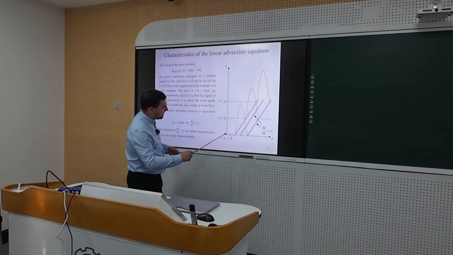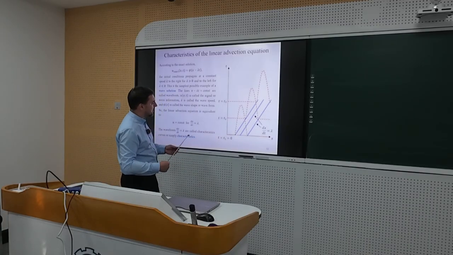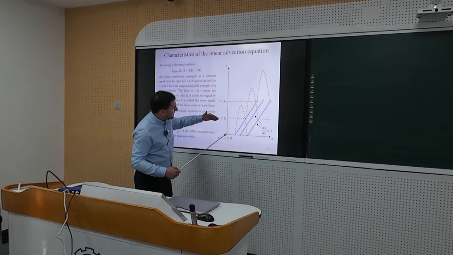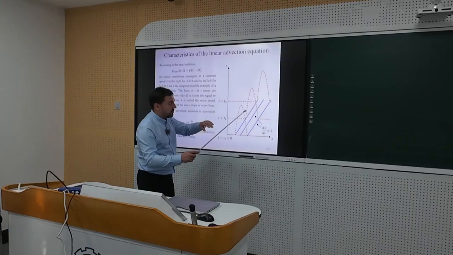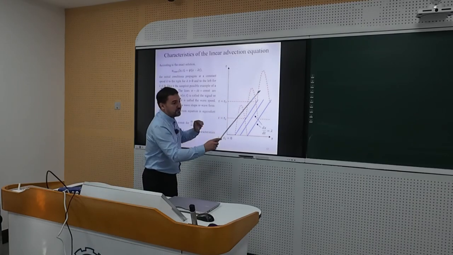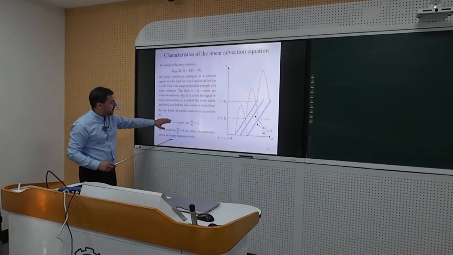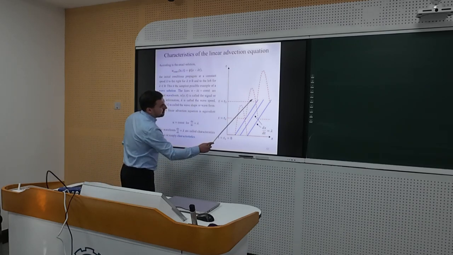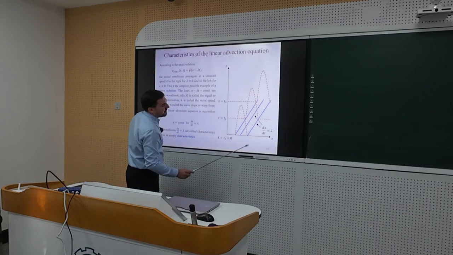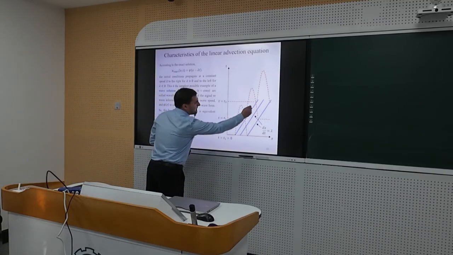At this initial time instant, for example here at this part, we have a non-trivial solution like our psi of x function. Then at t equals t2, our solution propagates to the right, and for t3 it propagates further. And we know that u should be constant for dx over dt equals lambda. So for each point we plot this straight line dx over dt equals lambda, and the solution propagates along this line.